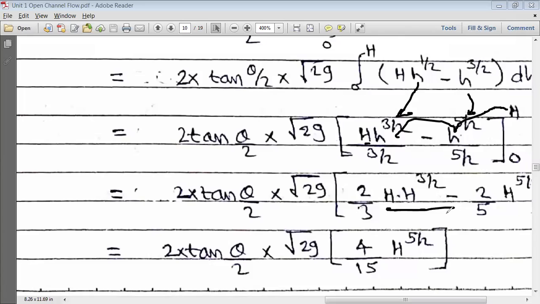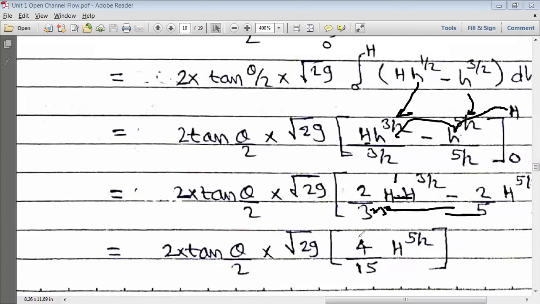I will get here like this. To make the base the same, I multiplied by 5 here. So this 2 goes outside, and here 15 comes in, giving 4/15 h raised to 5/2. Adding to the power, I will get here.